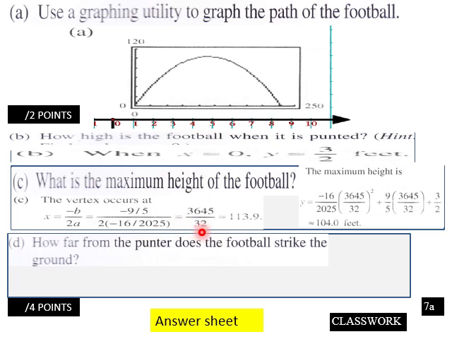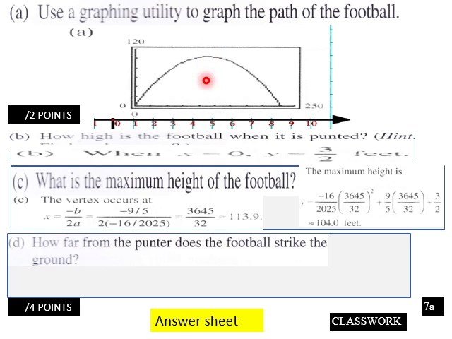So we come up with values here of 3645 over 32, and in that case that would give us 113.9 feet here would be our x value. That would be your x value for your vertex.